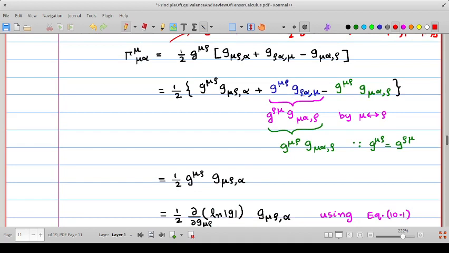But now this quantity, by interchanging μ and ρ, so this μ becomes ρ and this ρ becomes μ and α is α, we have g^{ρμ} g_{μα,ρ}.